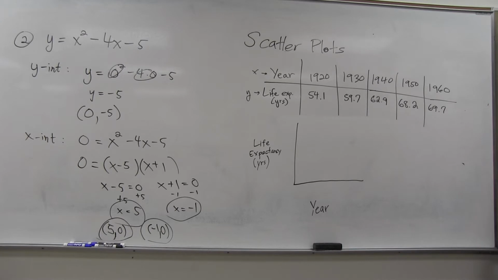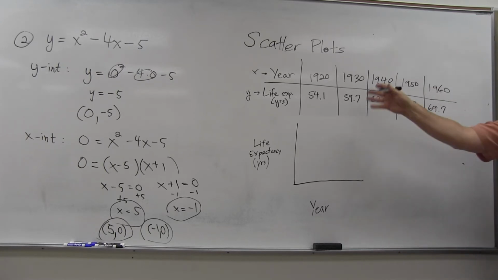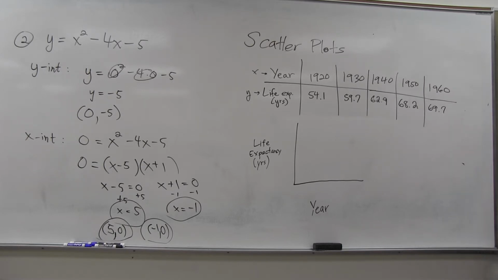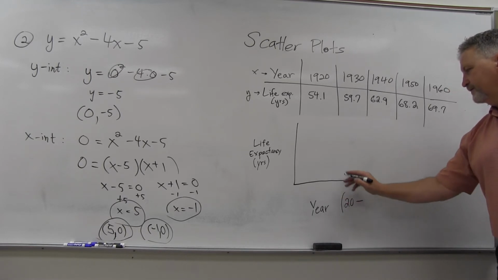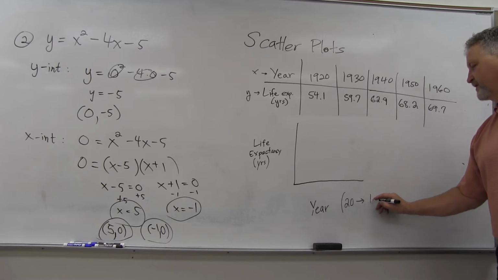So we'll label those. Now, I could put 1920, 1930, but let's make a little shorthand notation. Let's say X is 20, and that's going to be 1920.